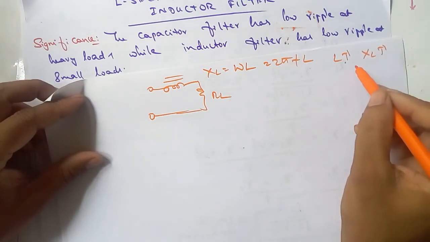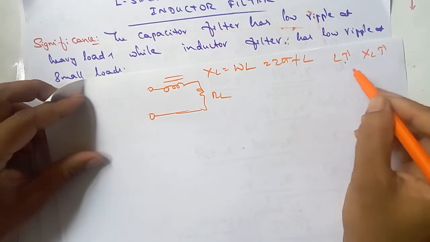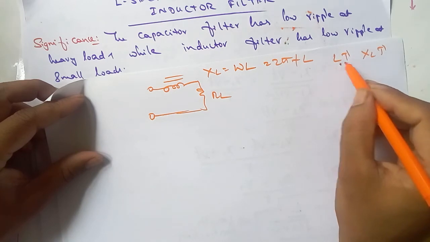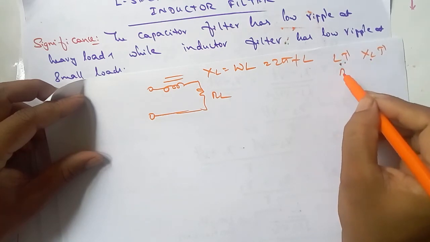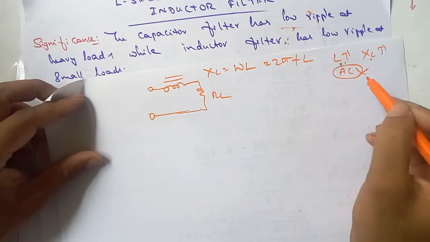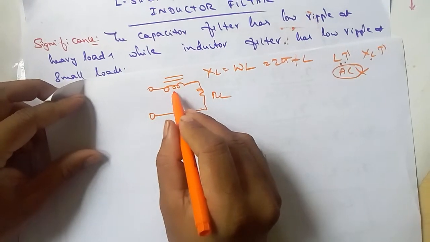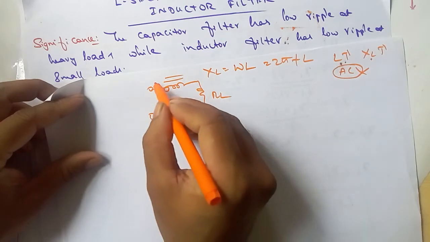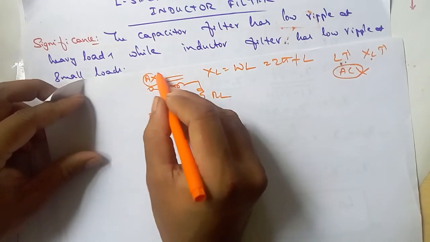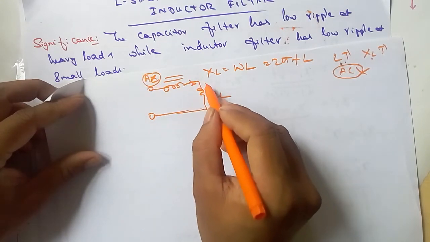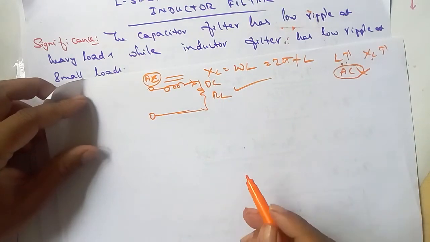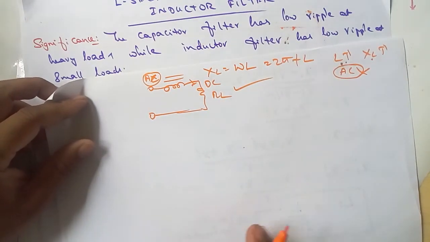XL opposes the AC. So as the L value is more, XL is more, meaning it opposes AC. AC is not allowed through the inductor. That's why AC is blocked here and it only allows DC. This is the working phenomenon of the inductor.